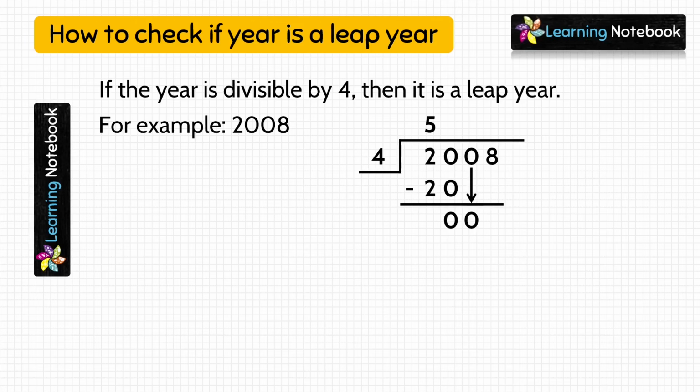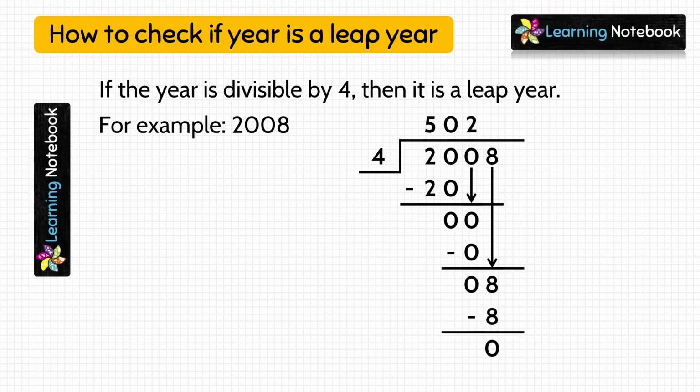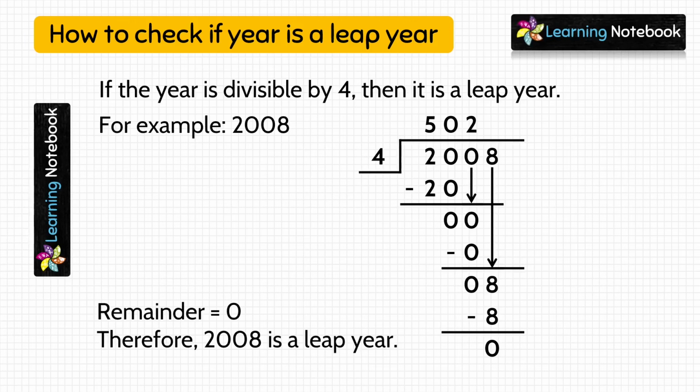So we will do 4 into 0 equals 0 and 0 minus 0 equals 0. Now copy last digit 8. We know 4 into 2 equals 8 and 8 minus 8 equals 0. So here students, we have got the remainder as 0. So it means year 2008 is divisible by 4. Therefore, 2008 is a leap year.